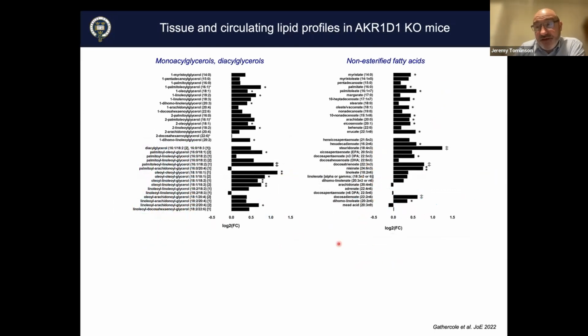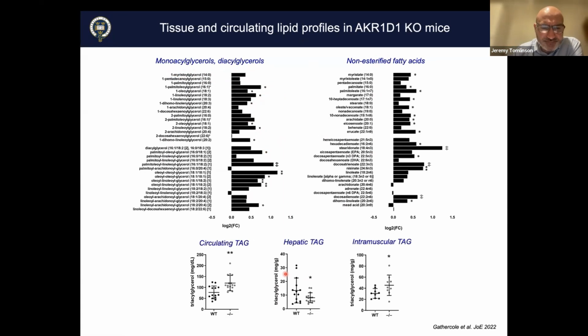The phenotype of this mouse is complex, and there are elements of this that I confess we still don't understand. But when you look at the circulating lipid profiles, we saw dramatic elevations of monoacylglycerols and diacylglycerols. You can see that here with our metabolomic analysis, as well as elevated non-esterified fatty acids. So what we might perceive as quite an adverse metabolic phenotype, with lots of circulating fatty acids and lipid precursors.